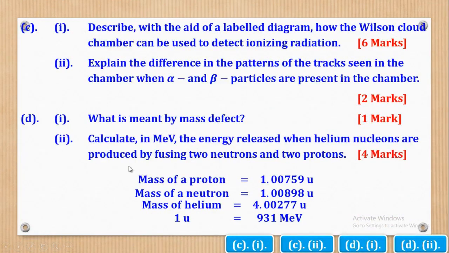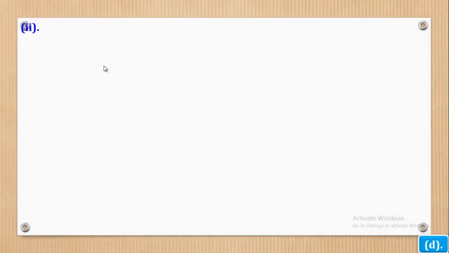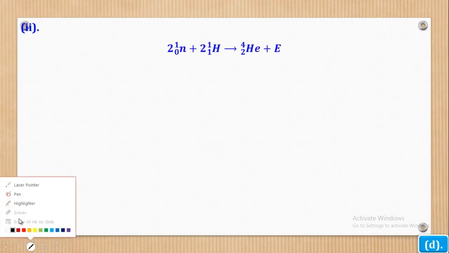D Roman 2 says, calculate in mega electron volt the energy released when helium nucleons are produced by fusing 2 neutrons and 2 protons. So these are the masses. You have to first balance the equation.